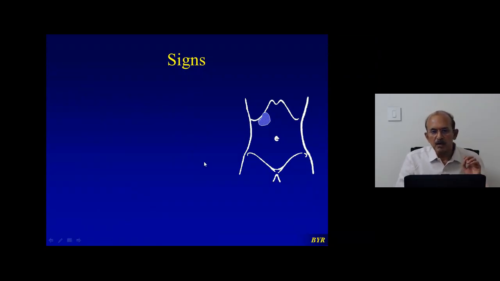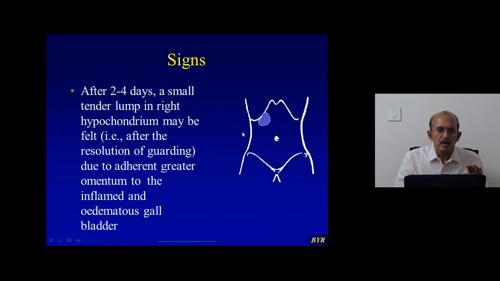If the patient is under your care, with your treatment, within 2 to 4 days the inflammation subsides. Then when you examine, you will find a spherical mass in the right hypochondric region. This mass is nothing but the greater omentum, which comes and covers the inflamed gallbladder so as to ward off the spreading infection.